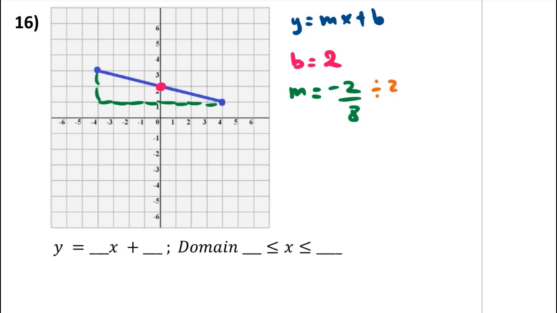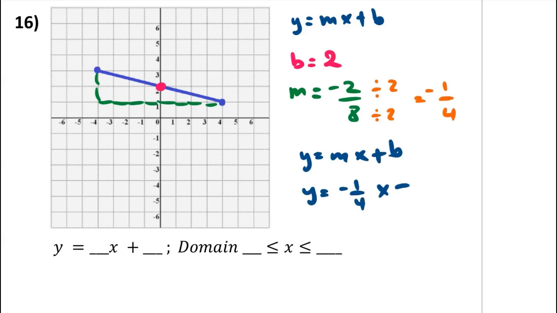We can reduce it by 2. That will give you 1/4 and bring the negative sign over. So y equal to mx plus b, where your m is -1/4, x plus b is 2. -1/4 x plus 2. Domain is where you chop it up. We chop it up between -4 and 4.